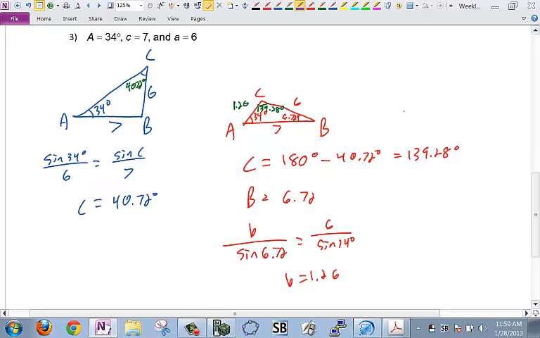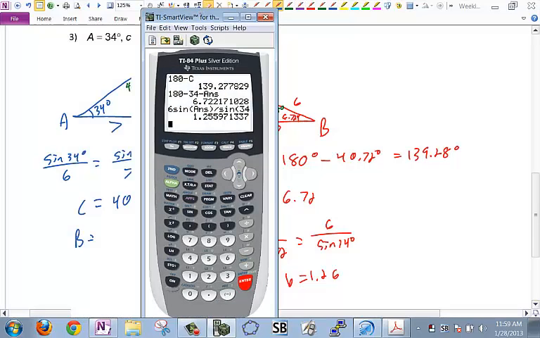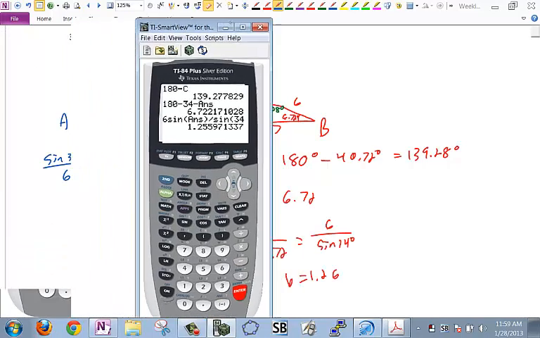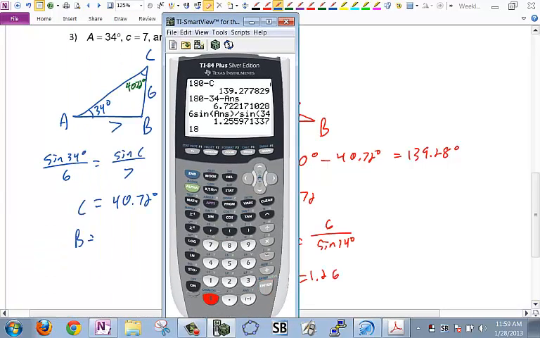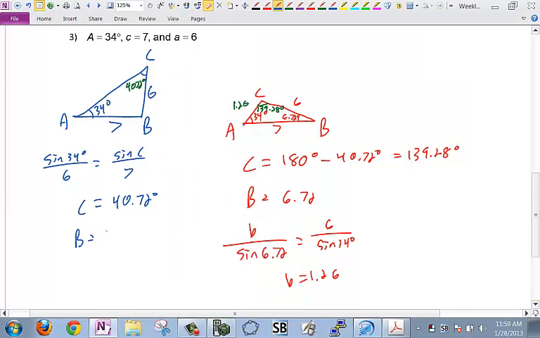Alright, let's continue solving this so we get a complete answer key. Angle B, nope, it's got to be blue, angle B is going to be 180 minus 34 minus angle C. So that's 105.28.